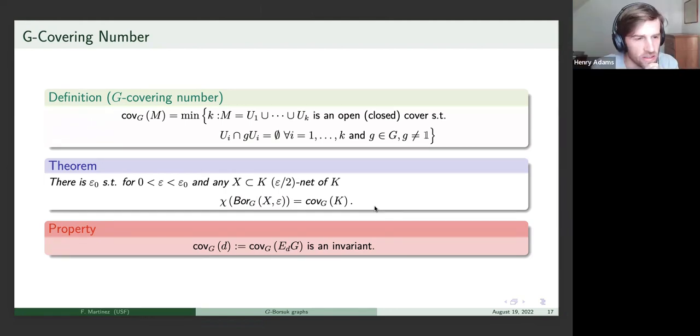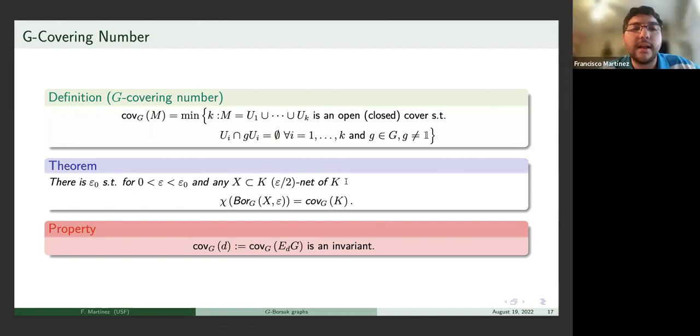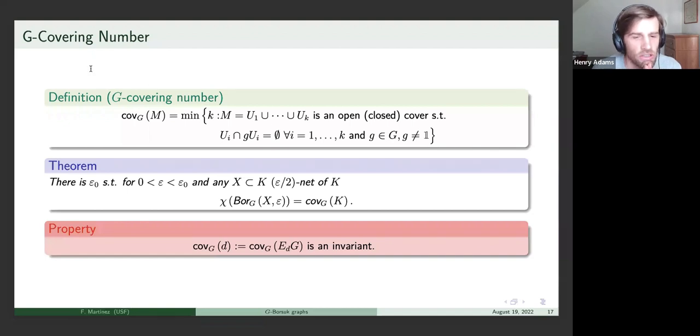And so, for a dense enough sample of a G simplicial complex, the covering number of that G simplicial complex is the chromatic number of the Borsuk graph. Okay, cool. Thanks. Thank you for asking.